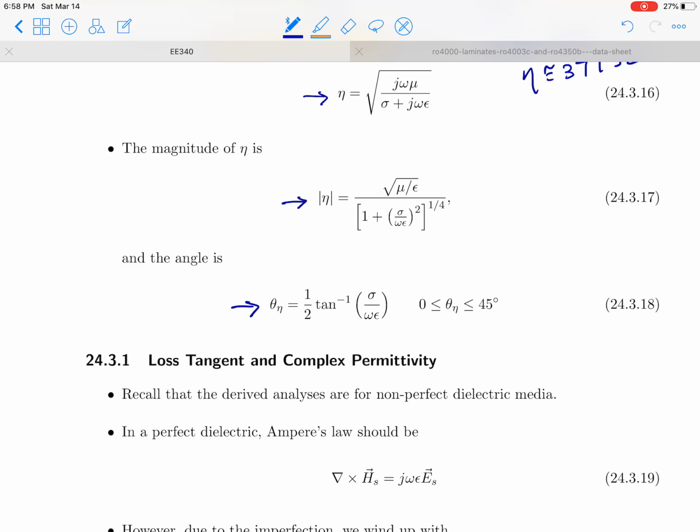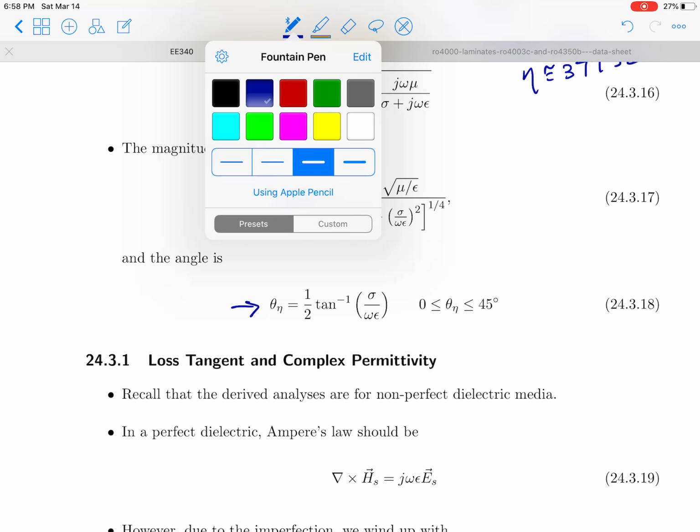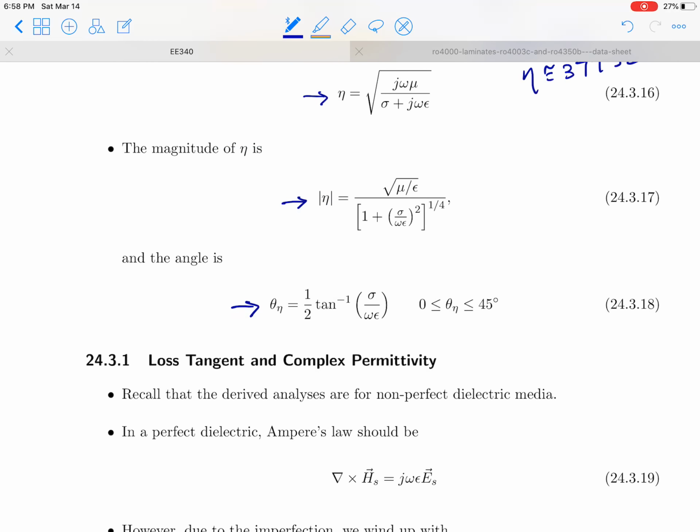So the angle theta eta goes between 0 and 45 degrees for two reasons. First of all, the tangent goes between negative 90 and positive 90.